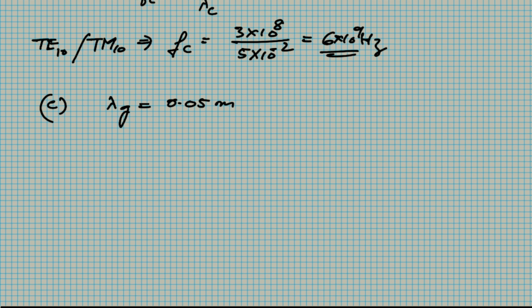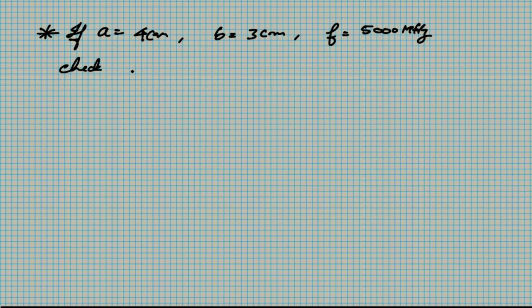Okay, one more similar question for you to solve. That is, if A is equal to 4 centimeter, B is equal to 3 centimeters, operated at 5,000 megahertz, check whether TE10 and TE01 exists.